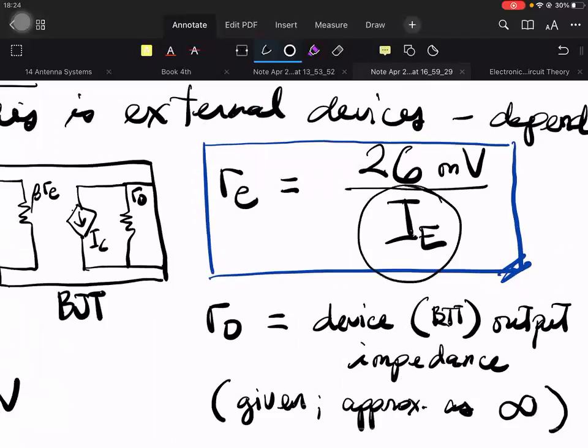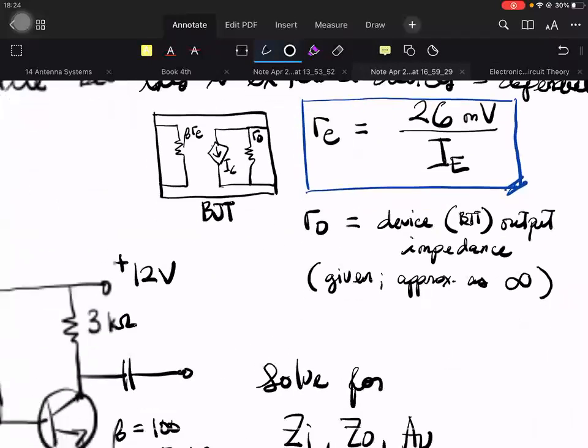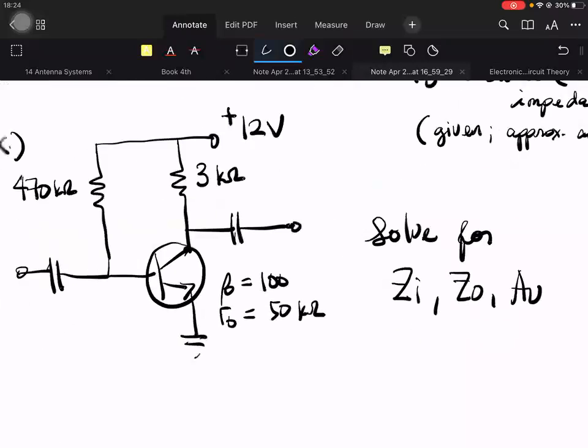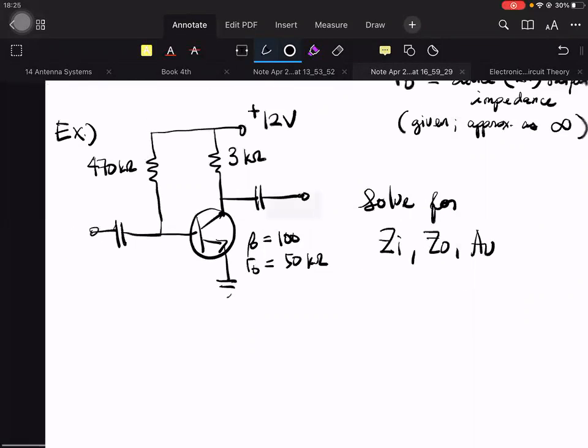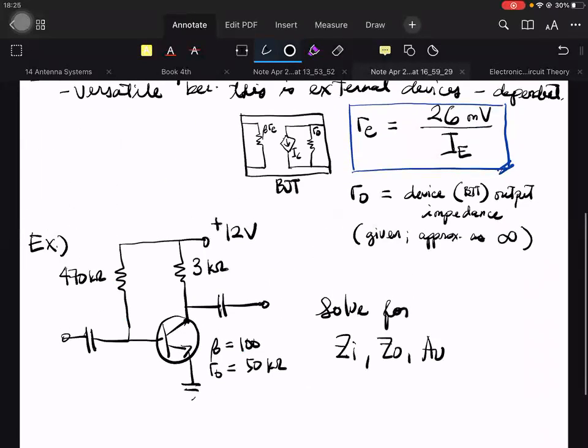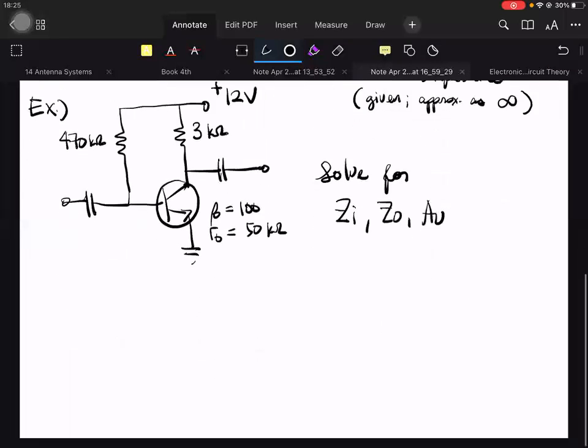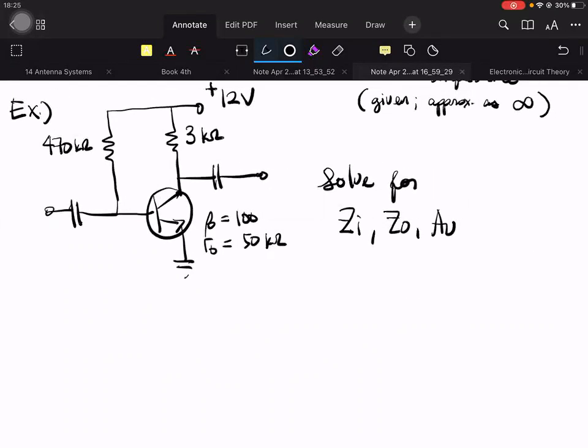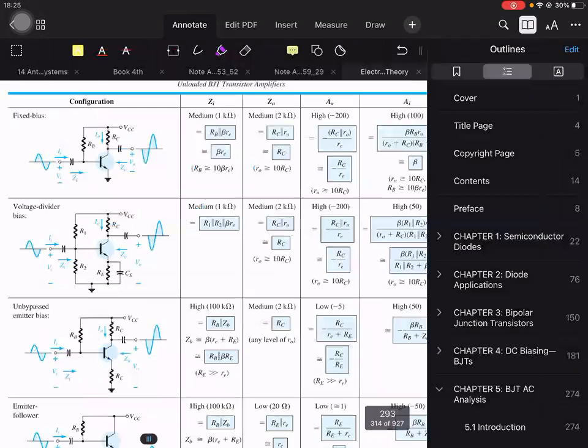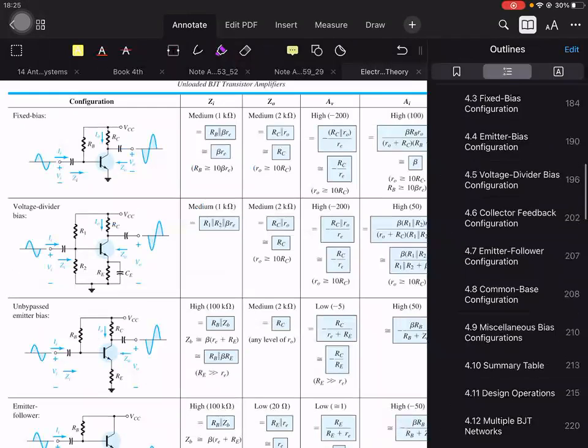So we need to perform the DC analysis first. Once we solve IE, we can solve RE, and then the impedances. So from the DC analysis, we can refer to our table for DC.